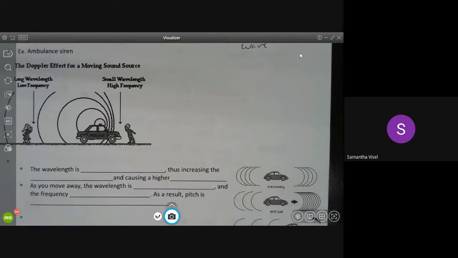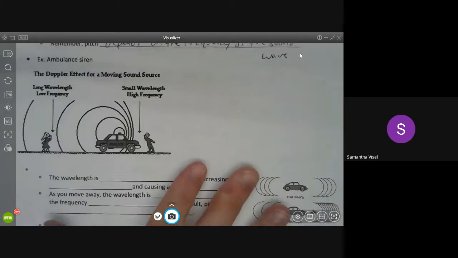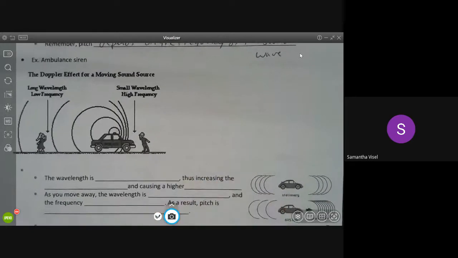Probably the most common example you've ever experienced with the Doppler effect would be if you were outside and an airplane goes over your head really quickly, or you are outside or in your car and an ambulance siren or a police siren goes by.